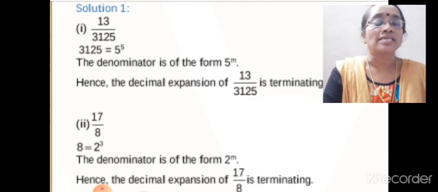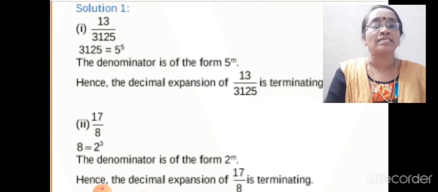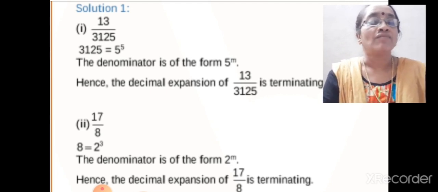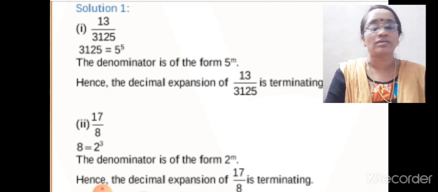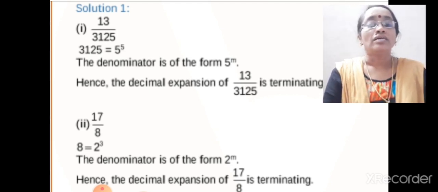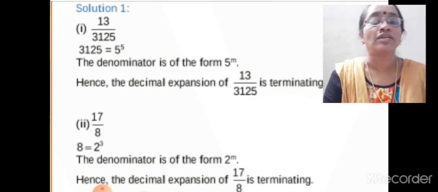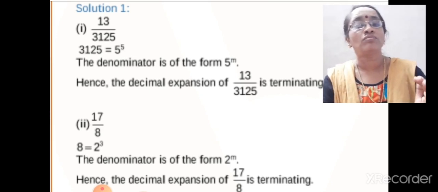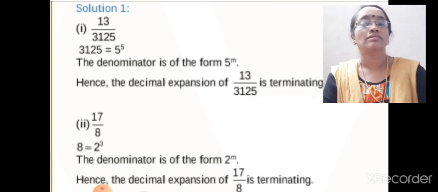Second question, 17 by 8. Take the denominator 8. It can be factorized as 2 cube in exponential form. So the denominator is of the form 2 raised to m, and hence it has a terminating decimal expansion.